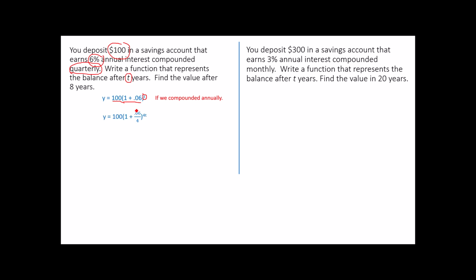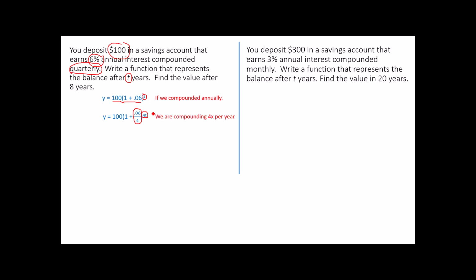So I'm going to take that 6%. And since I'm doing it 4 times a year, I'm going to have to split that 6% into 4 equal size sections. But since I'm dividing the year up into 4 equal size sections, I'm going to be compounding 4 times as often.